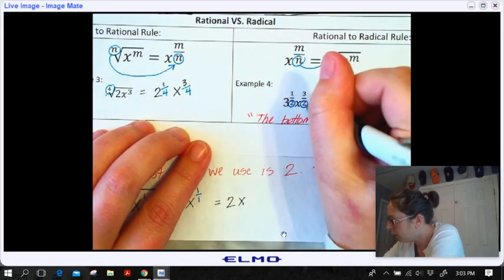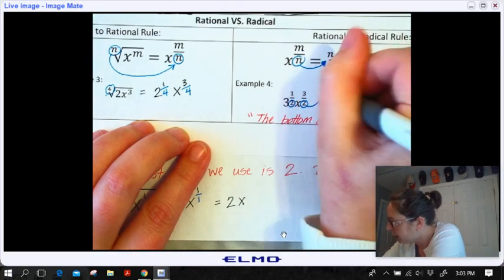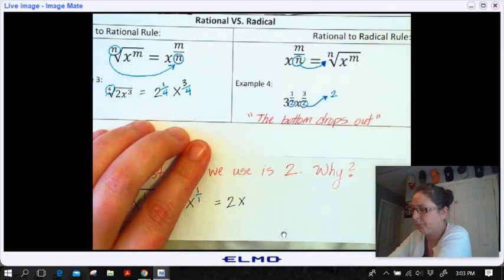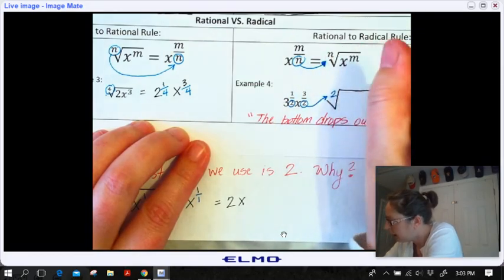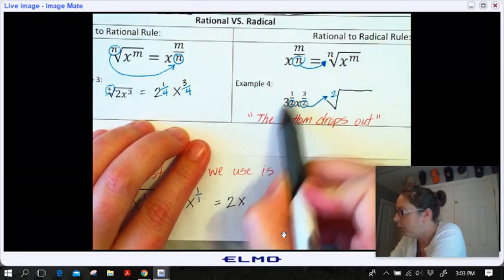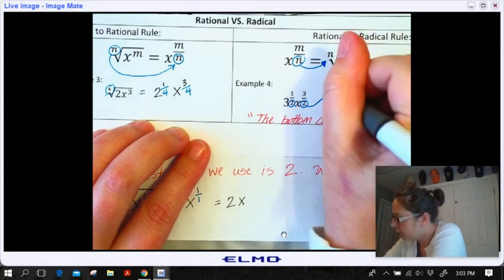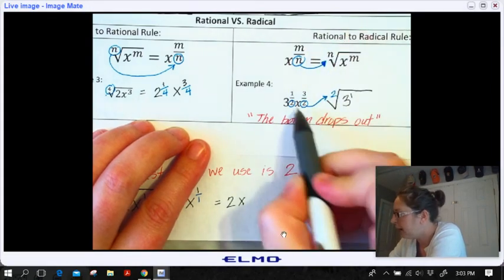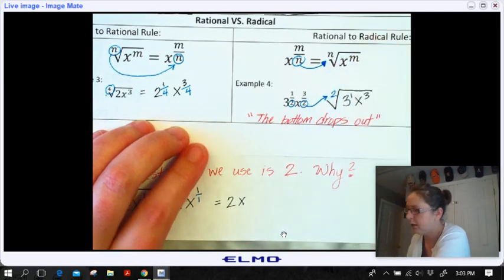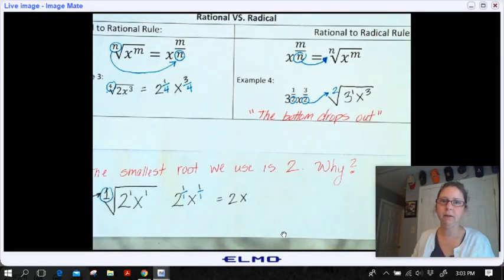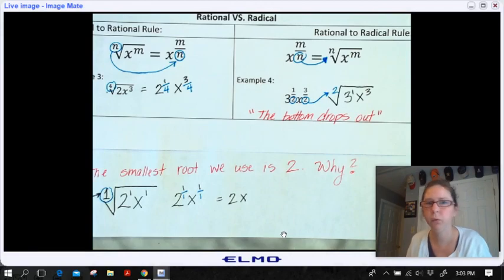So the bottom drops out and becomes the root number. And now 3 to the first power is what I'm left with here, and x to the 3rd power is what I'm left with in there. And that's it. That's how we go back and forth using our rule.